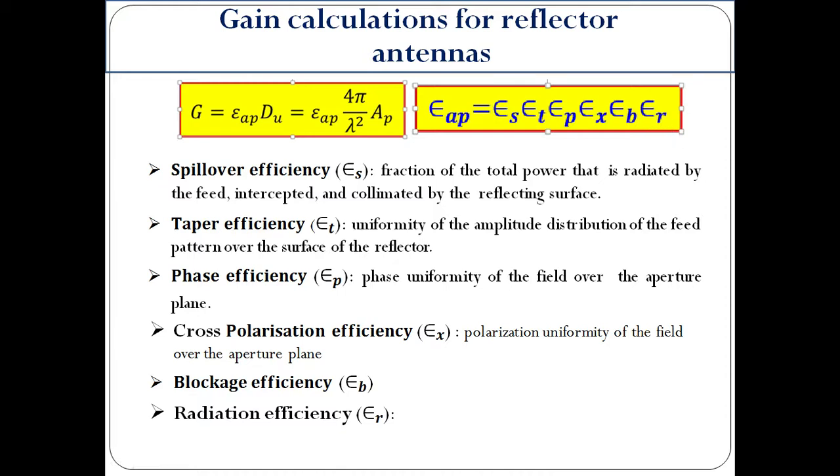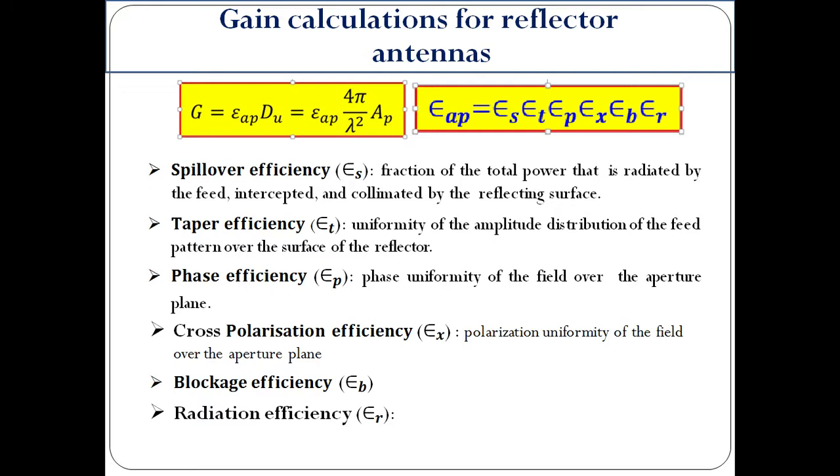Usually this radiation efficiency epsilon R is approximately equal to 1 or minimum for large aperture antennas, and we are interested in taking some of the important terms, which are efficiencies: spillover, taper, and the combination of phase efficiency, cross polarization efficiency and blockage efficiency is called the aperture efficiency.